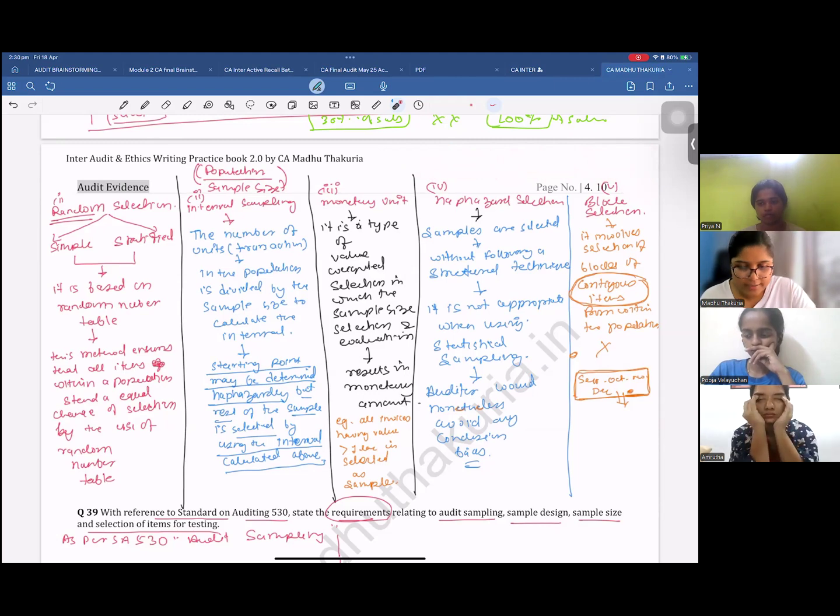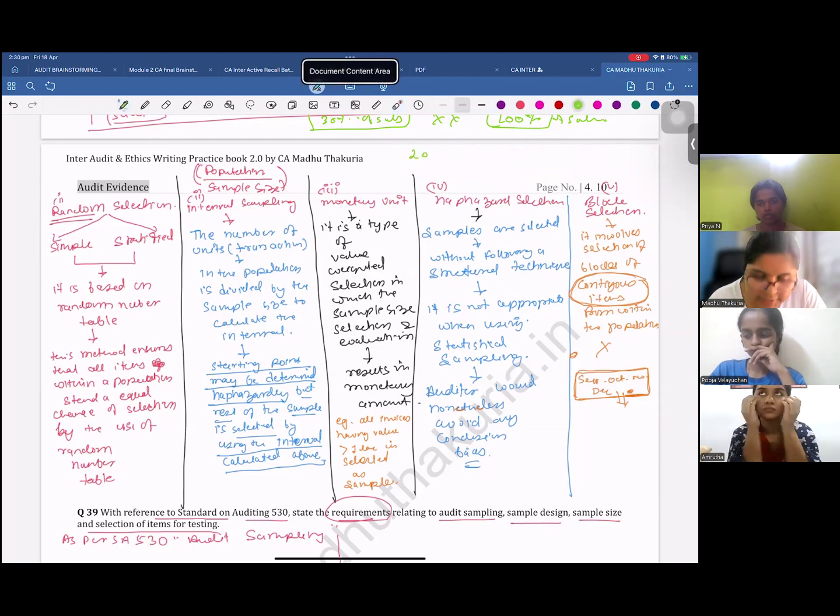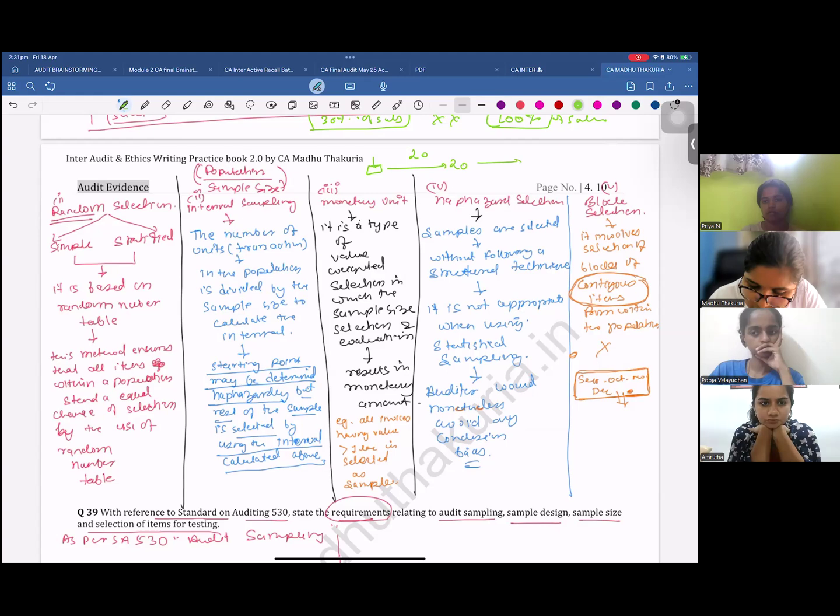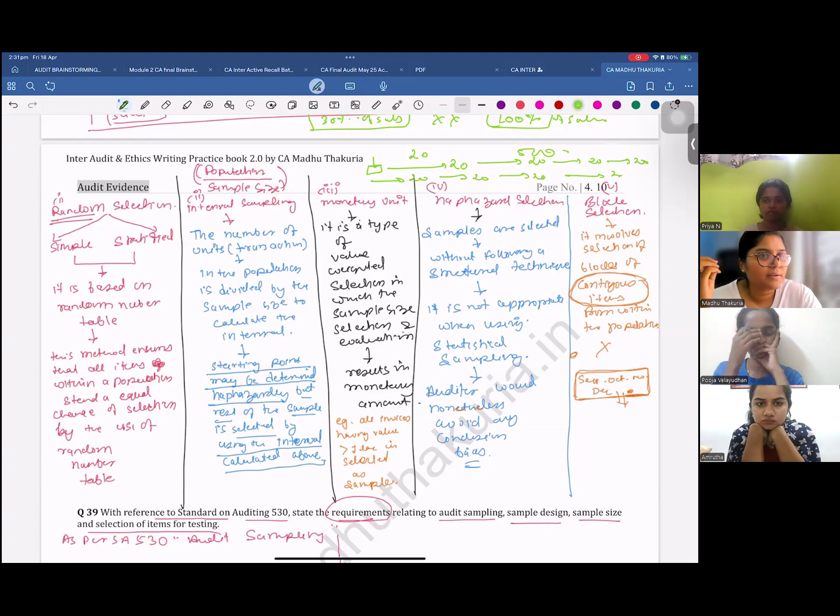So what I'll do here is, now I know my interval is 20. So the first item I will select randomly. But after that, every 20th transaction will form part of my sample until I reach the total sample of 500. Are you clear? This is how you do the interval sampling.